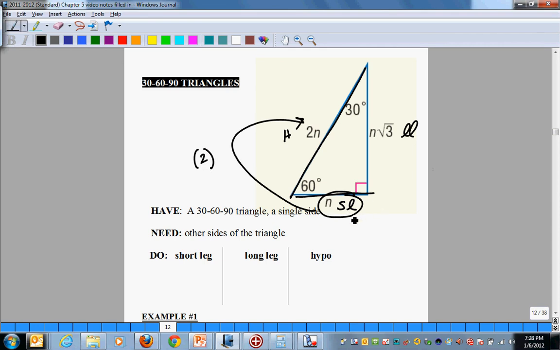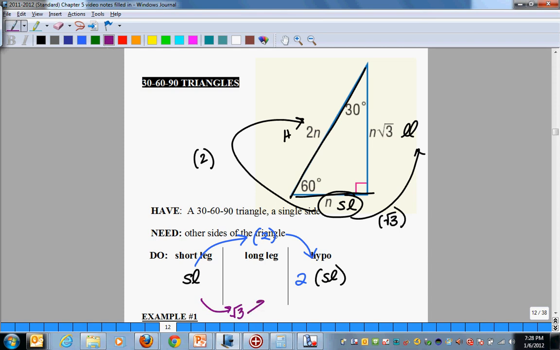Whatever the short leg is, to get the long leg, we times by root 3. This is the pattern only in 30, 60, 90 triangles. Let me show you how to actually use this.